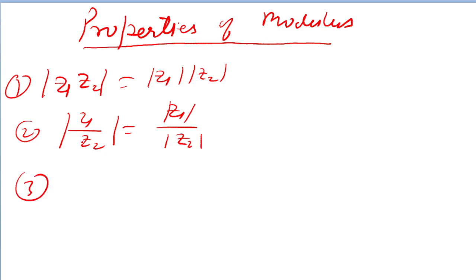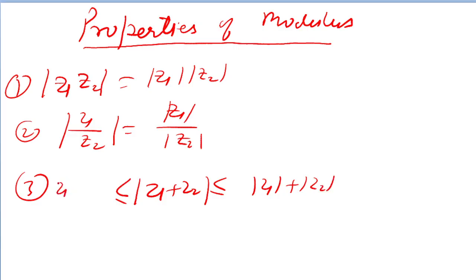And the inequality is a very interesting thing. For any complex numbers, the modulus of z1 plus z2 is always lower than or equal to the addition of the moduli and always greater than or equal to the difference of the moduli. Okay, we can prove this and see what is happening here.